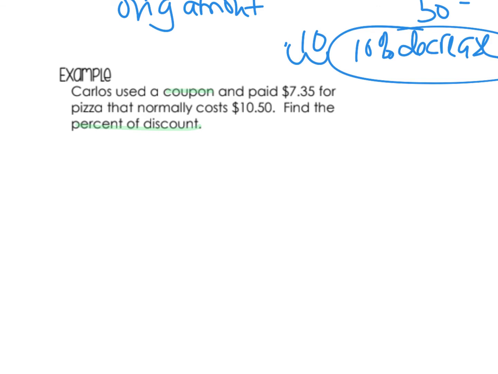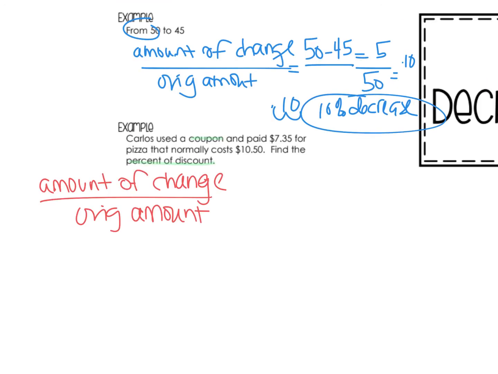I'm still going to use the same formula, which is going to be the amount of change over the original amount. So to figure out my amount of change, I'm going to take $10.50 minus $7.35. That gives me $3.15. I'm going to put that over my original amount. Okay, so my original amount is prior to the coupon, so no coupon.